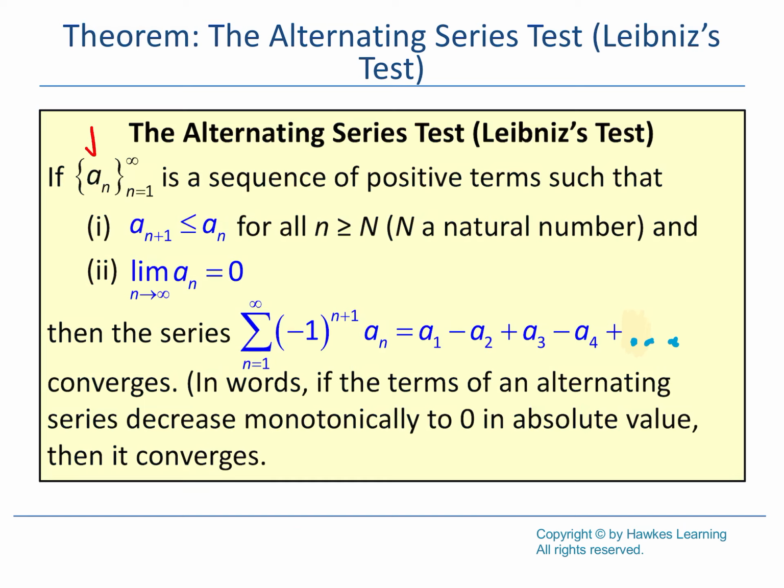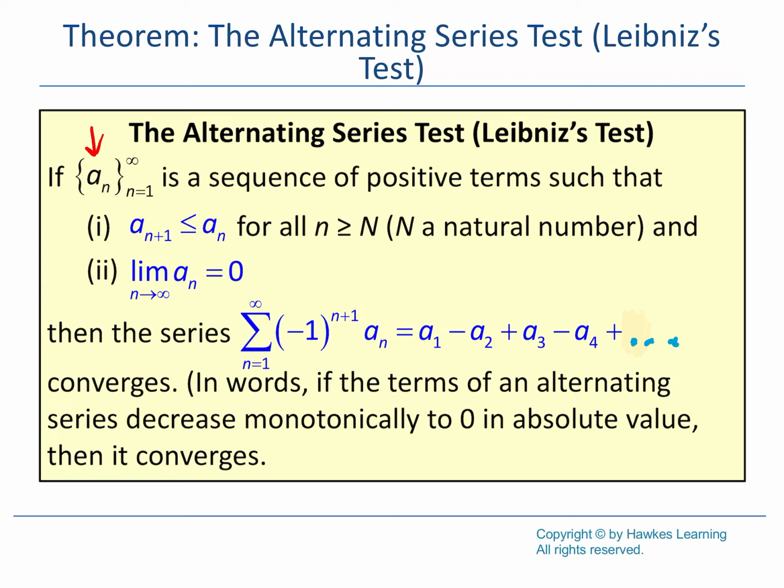Our a_n here are all positive terms for this notation. Two big things. We want the sequence of positive terms to be monotonically decreasing. That's part one. And we also want the terms to approach 0 as n goes on.